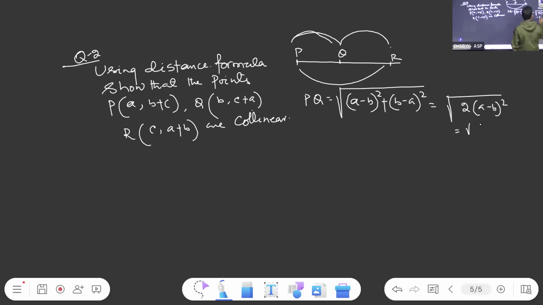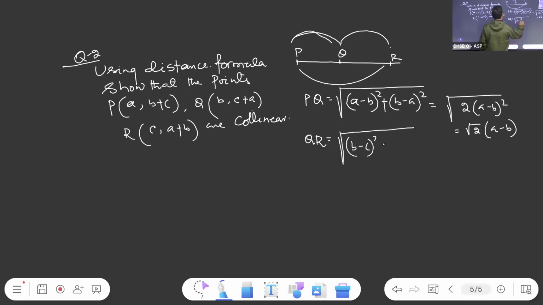This is root 2 times (a minus b). Okay. Similarly, the distance between Q and R, QR is equal to under root (b minus c) whole square plus (c minus b) whole square. This is equal to root 2 times (b minus c).